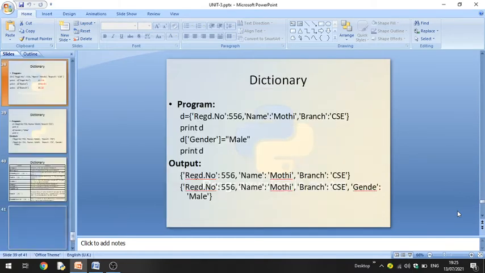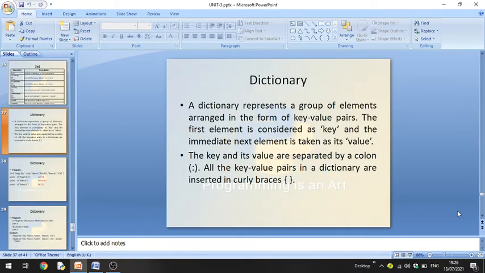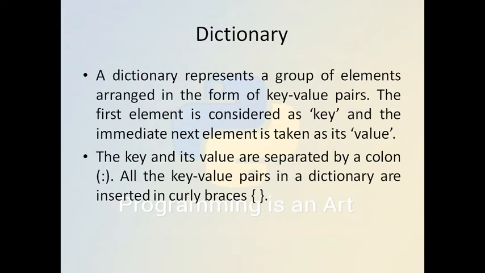Tuple, dictionary. A dictionary is another sequence that represents a group of items in the form of key value pairs. One of the important things is that it is based on pairing. There is a key, and this key is mapped to a value.